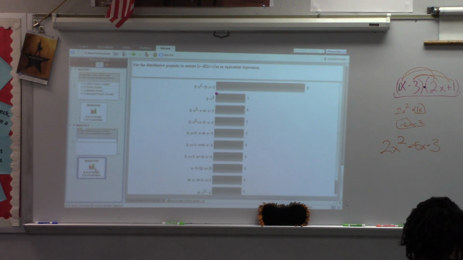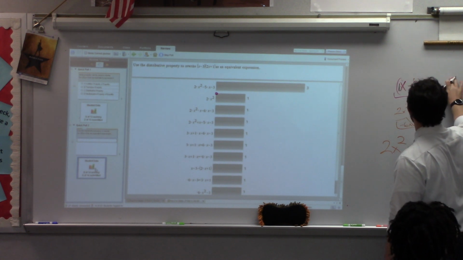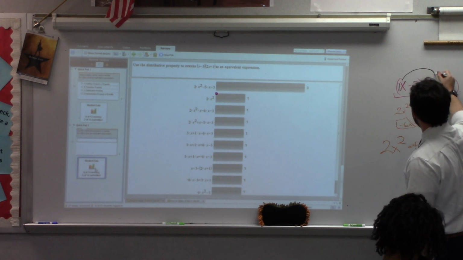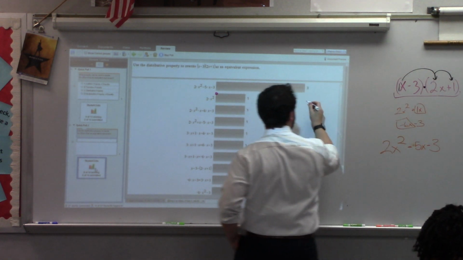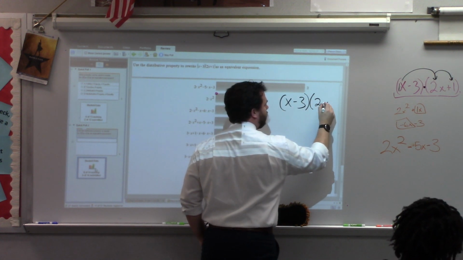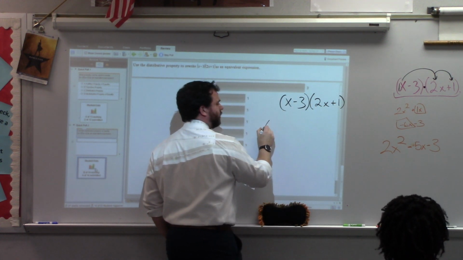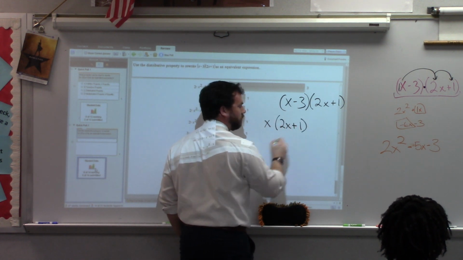One thing I would point out, when using the distributive property, you're distributing this x. Actually, let me show it this way. What's really happening, maybe a way that might help us out, is you're taking x and multiplying it by 2x plus 1.